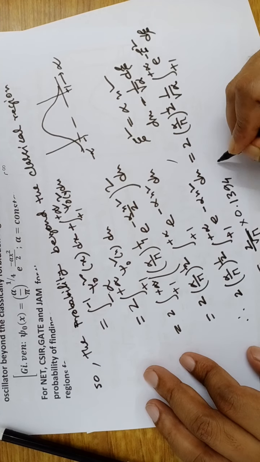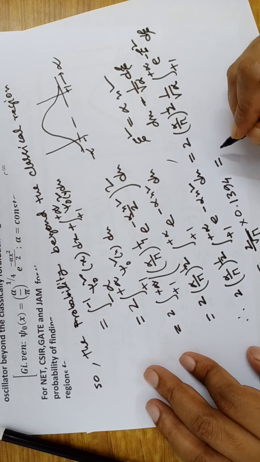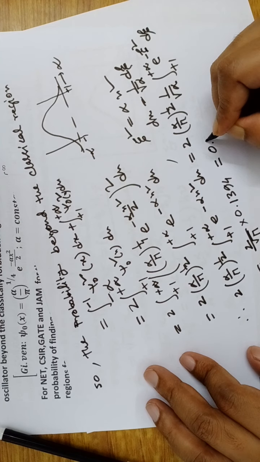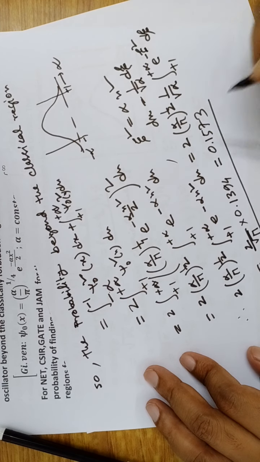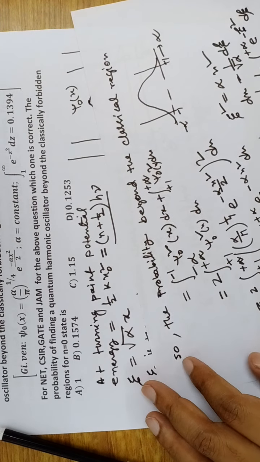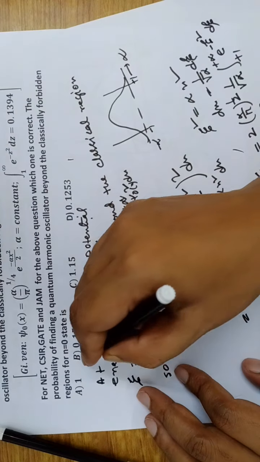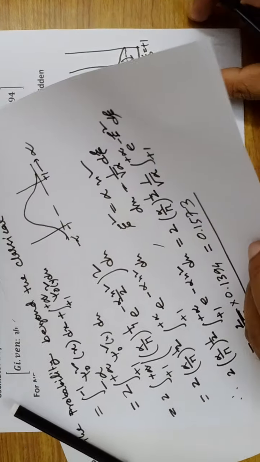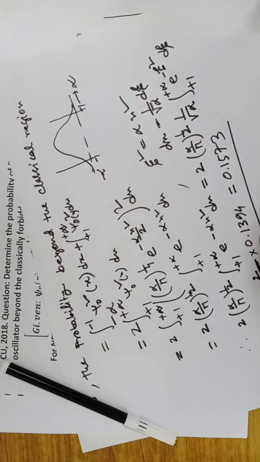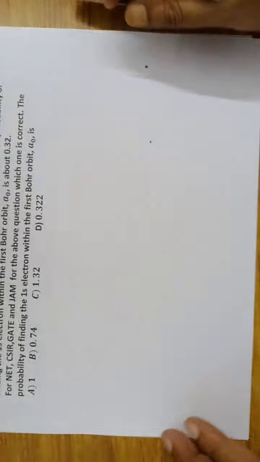So this value is equal to 0.1573. So this is the value. Then which option is correct? Option B is correct. Clear? So in this way we can solve the university problem as well as CSIR and NET problems.